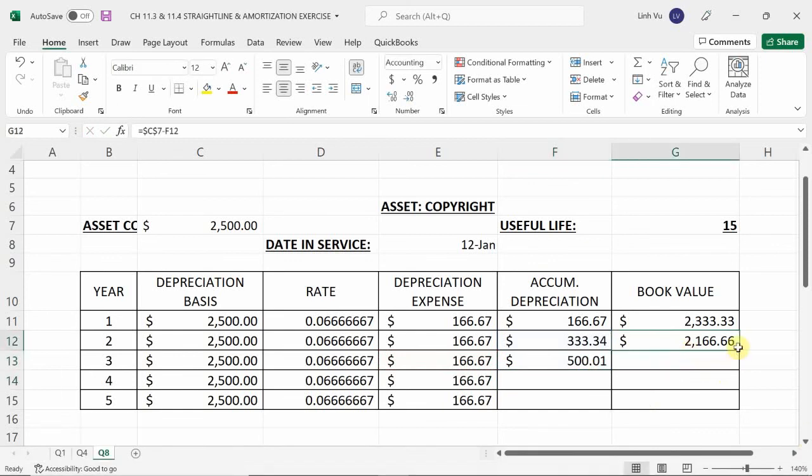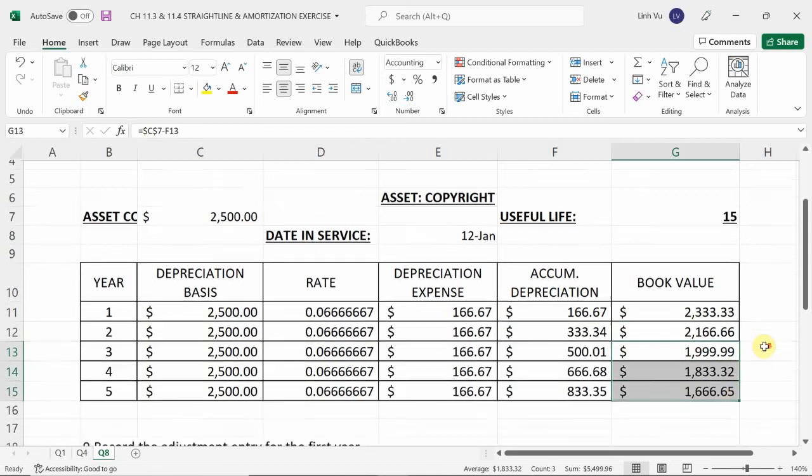Now here we have 2500.00 minus 500.01 gives us 1999.99. Good. So in this case, if you just keep on going, you'll get those answers. Okay.